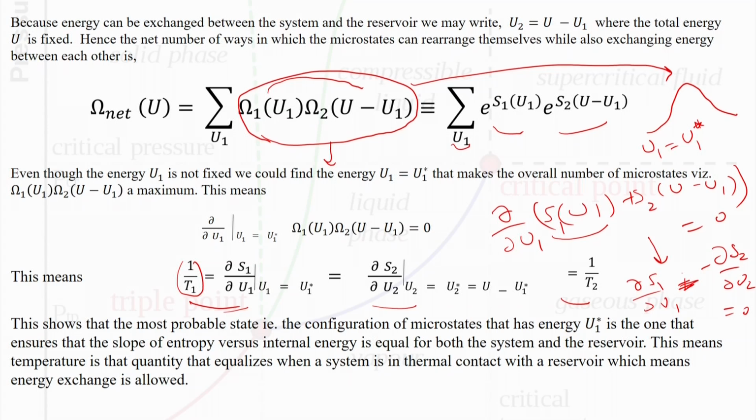So, that is what temperature means intuitively also, and so it is nice that we have successfully related a mathematical definition, namely the inverse of temperature being the slope of the entropy versus internal energy, a rather abstract and sort of opaque definition, and we have linked it to thermal equilibrium and how when a system and reservoir come into contact, the attribute that is common to the two is exactly what is known as temperature.